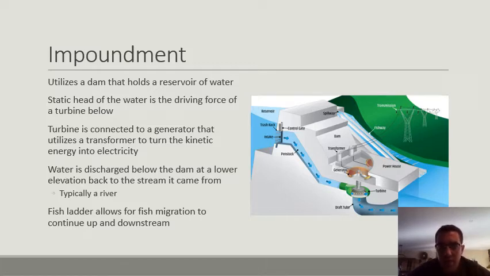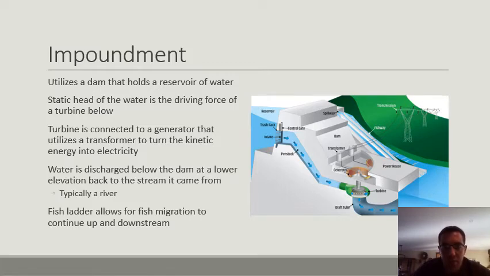These also have spillways that are used, and then the fish ladder so that fish can cross through the dam, and it's trying to cause as minimal damage to the environment as possible.